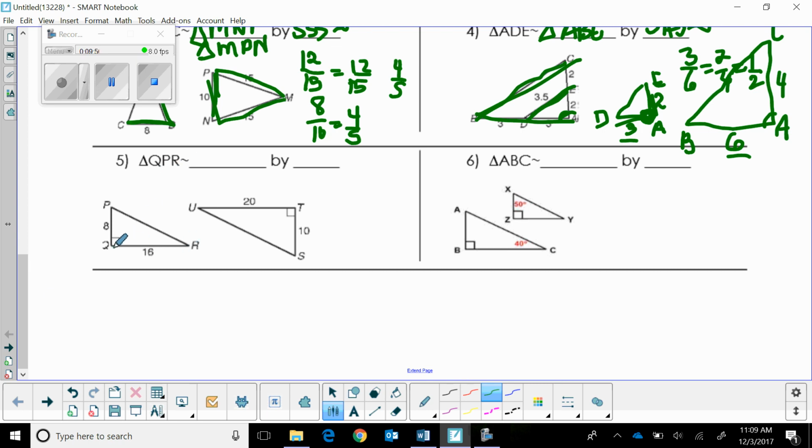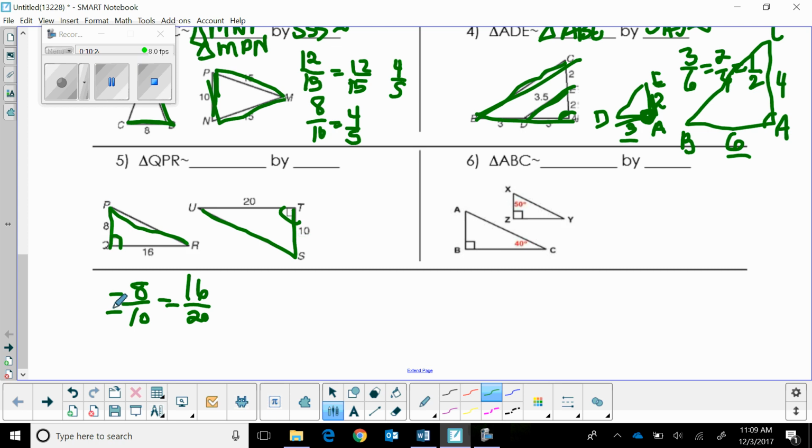We've got Q, P, R, and Q is given as a right angle, so that one's easy. T must be its corresponding part. T to S to R. Let's see. We've got an angle, and they're both 90 degrees, so they're equal to each other. Now let's take our short sides. 8 is to 10 as 16 is to 20. Let's reduce these.